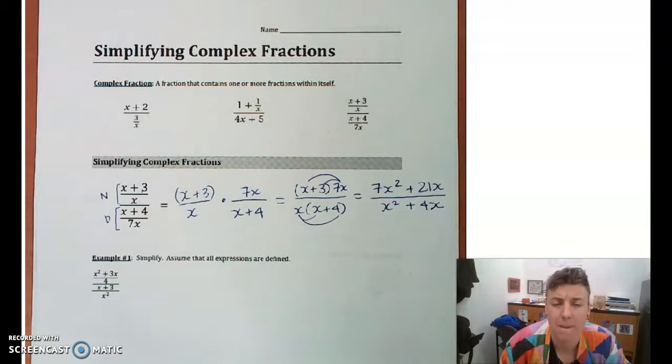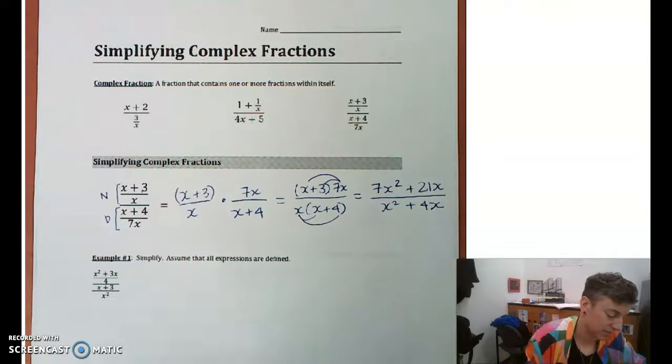Okay, so we've done our multiplying. I feel like we can simplify some more, because I'm pretty sure we can take out GCFs in the top and the bottom. And something's going to cancel.